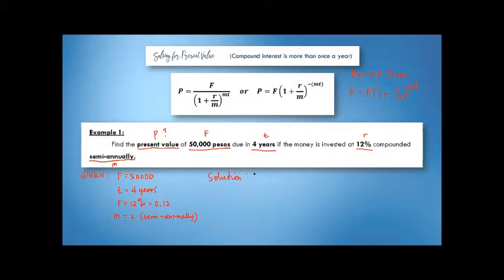So solution, P is unknown. So kahit alin dyan ang gamitin nating formula, kung saan kayo convenient. So ito ang pakita natin, yung positive, ang exponent.